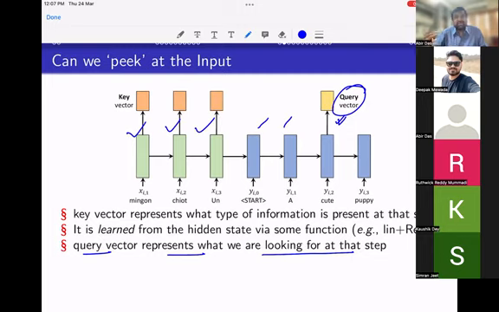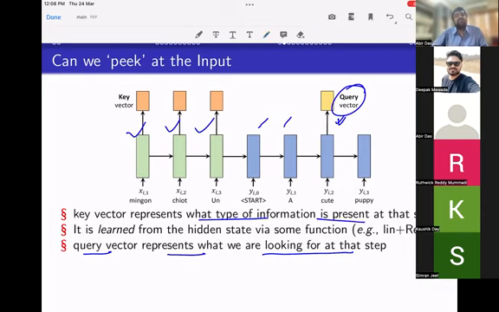It will just express its willingness: I want this information. Again, this is a high level intuition, and these vectors might not mean anything to you, but that is the idea behind why we can go for this key query type of architecture. The query vector represents what we are looking for, and the key vector represents what type of information is present at the step in the encoder.